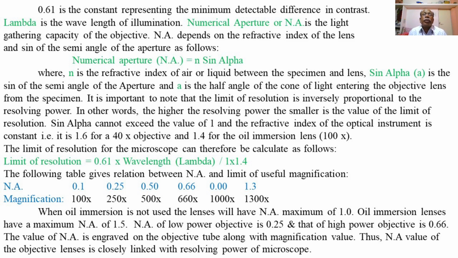Lambda is the wavelength of illumination. Numerical aperture, or capital NA, is the light gathering capacity of the objective.